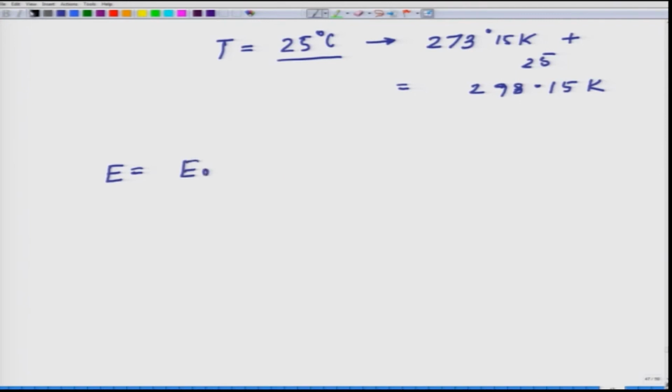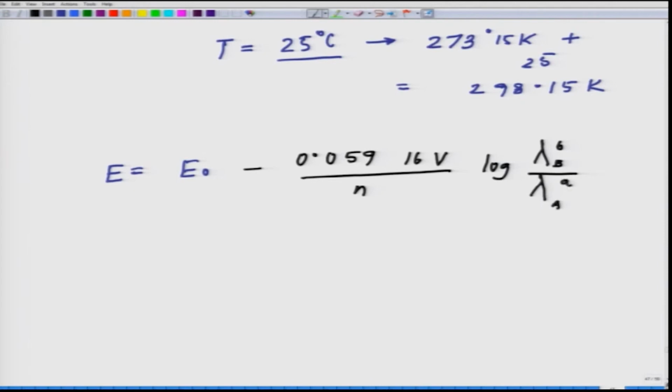Okay. So, now the Nernst equation at 25 degree centigrade is E is equal to E0, the last term I am dealing with, minus 0.05916 volt divided by n, log of Q. So, the potential changes by 59.16 millivolt for each factor of 10 change in Q, and this is that Q term.